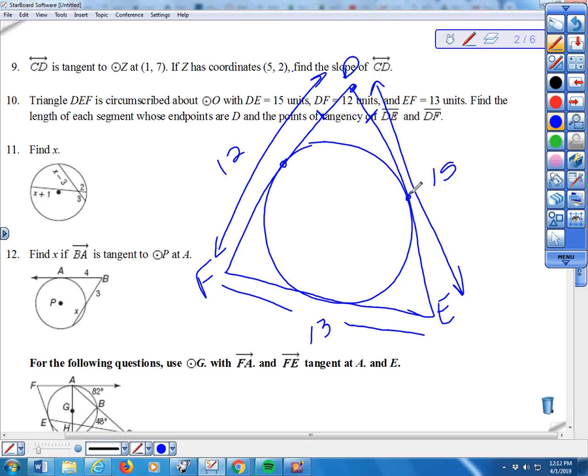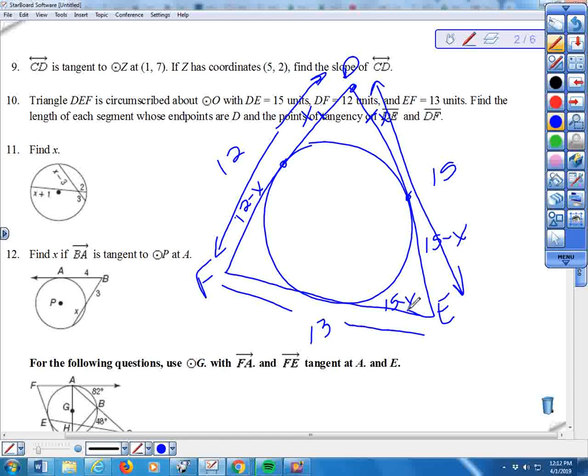So what I would probably do is figure out that this is equal to 12 minus x, right? Because there's 12. Well, if this is x, let's call this x. This is x, this is 12 minus x. If this is x, this is x. Which means this is 15 minus x. Which means this has to be 15 minus x.